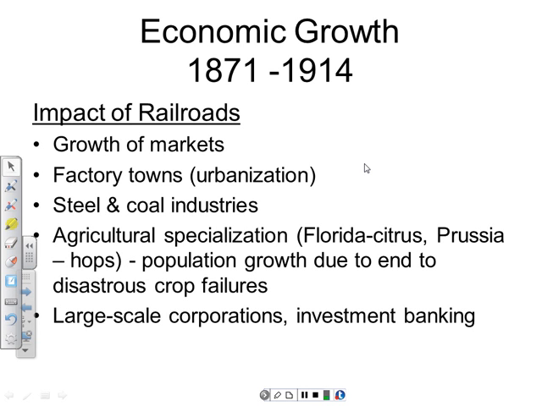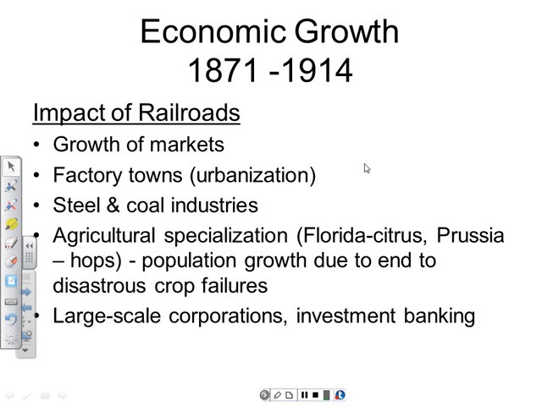One thing about railroads is they increase markets. With railroads, you can get goods greater distances and to more people at a faster pace. So you can be producing a product and selling it hundreds, maybe thousands of miles away to consumers that you'll never see.